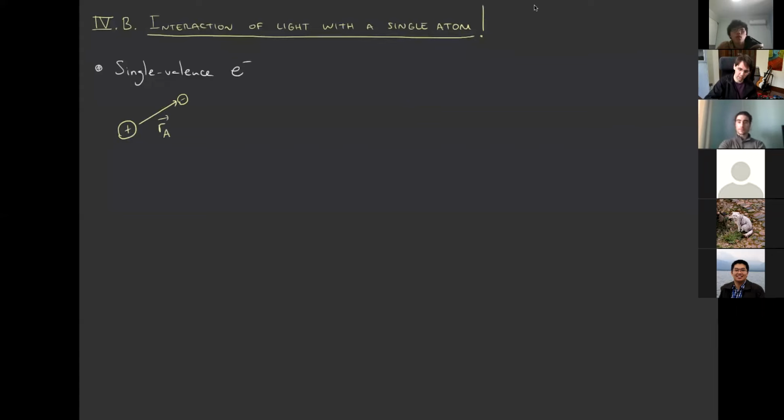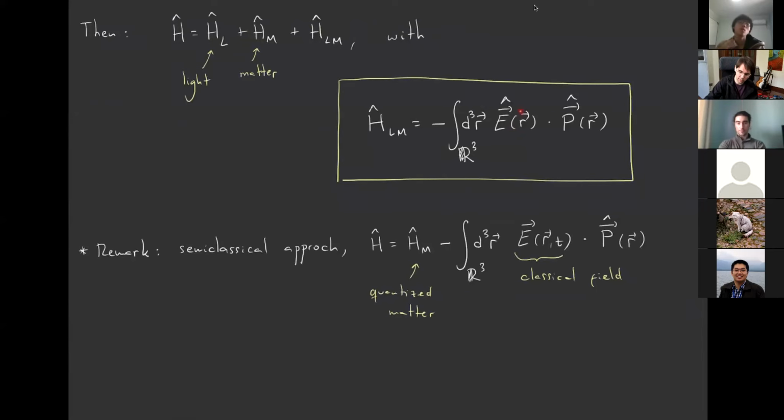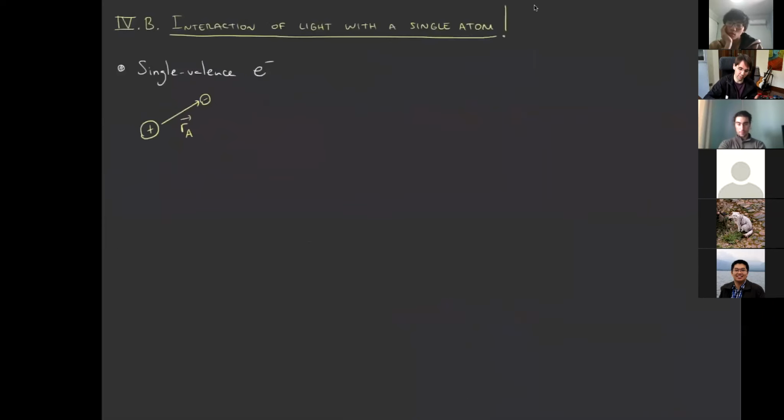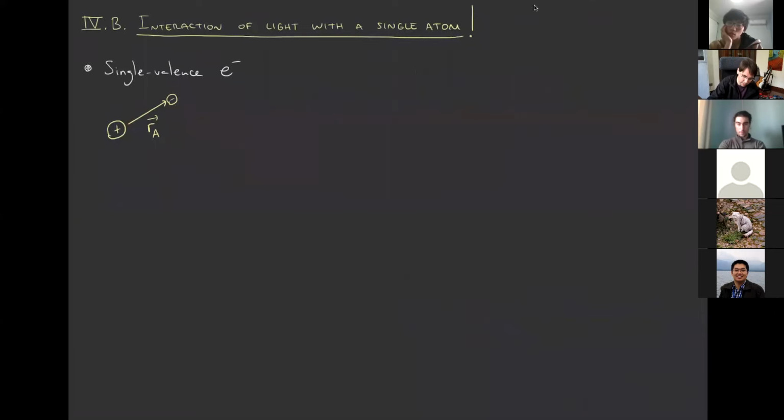Just to distinguish it from the previous R, which is actually the position in the three-dimensional space, the position in the material, okay? So one thing is the position in the material, and a different thing is the relative distance between the positive and negative charge that we call R atomic, okay?